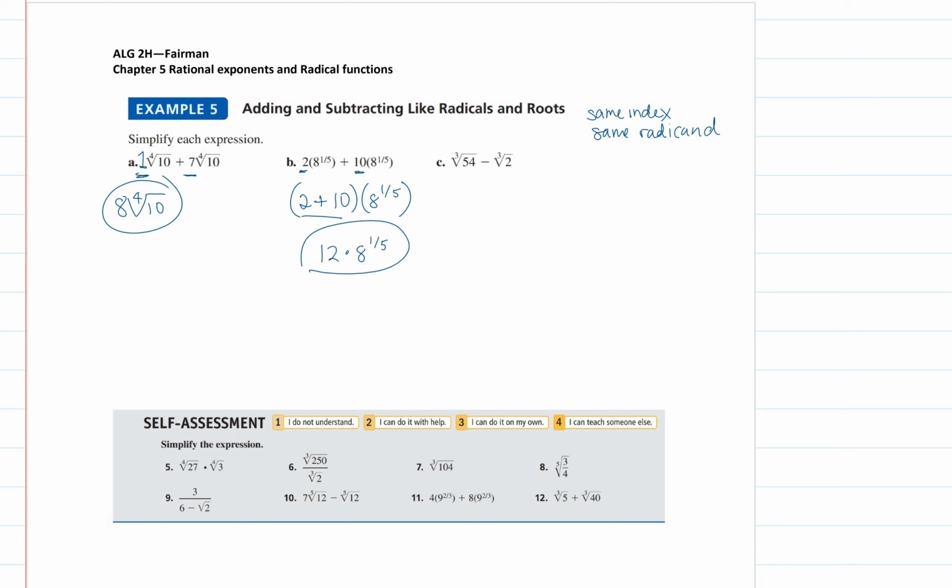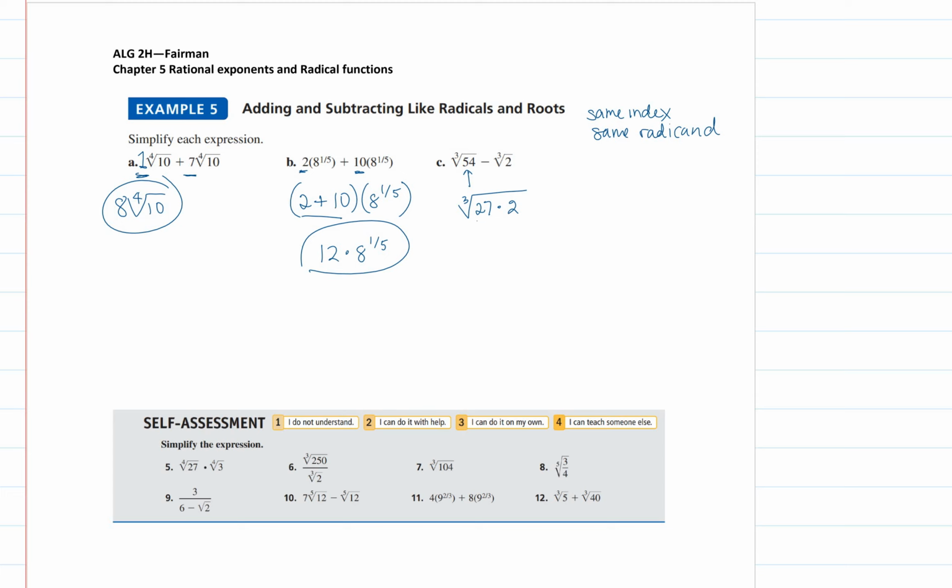For part C, in the past, we had to have the same index and the same radicand. We have the same index, but we don't have the same radicand. So what do I need to do? I need to simplify this first radical. If I recall, 54 is actually 27 times 2.